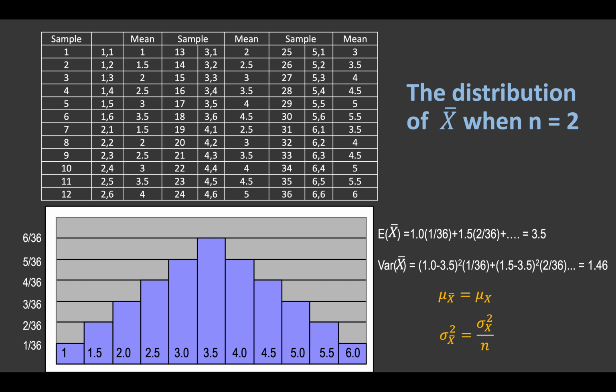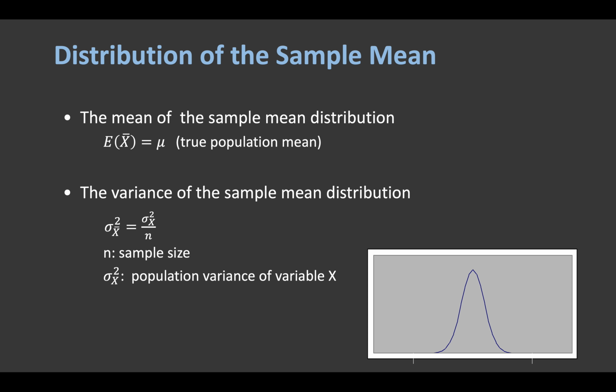So based on that, we get some properties of the distribution of the sample mean. The expected value of the sample mean equals mu, the population mean. But the variance of the sample mean distribution equals the population variance of variable x divided by n, which is the sample size.